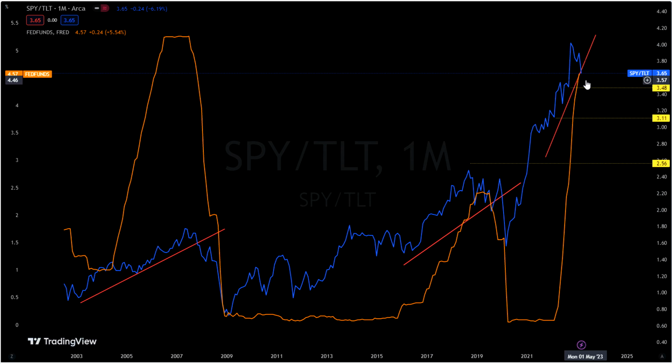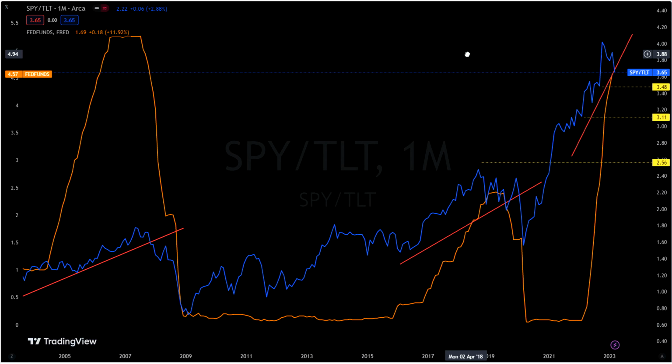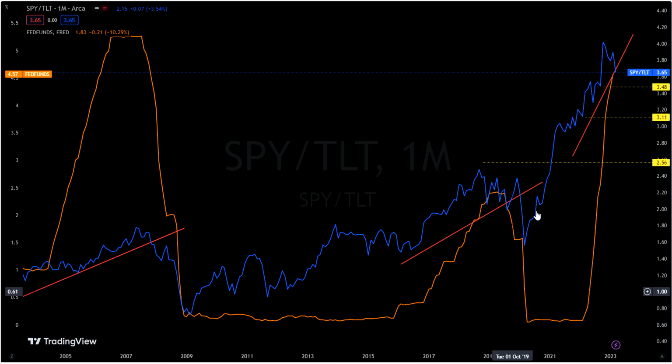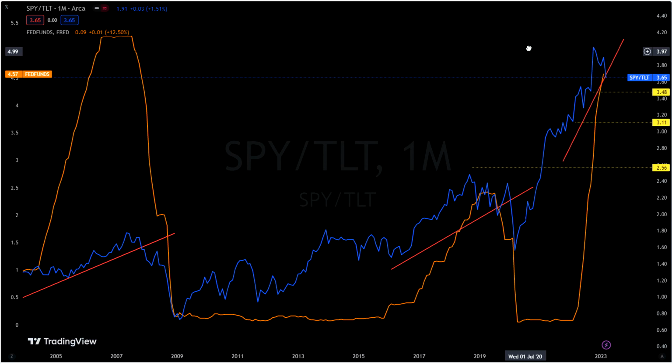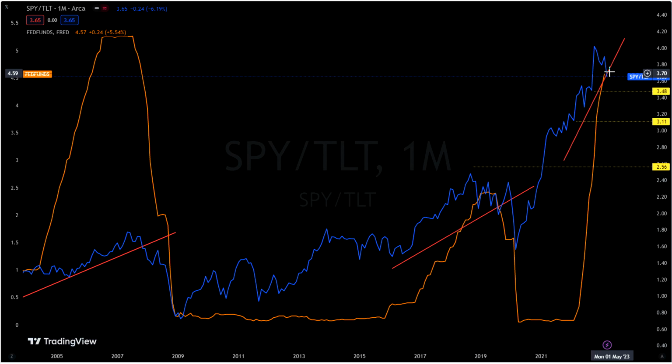And right now, we are getting the same setup here. The stock market for this period is outperforming TLT without any question. But right now, interest rate is at the top or about to form a topping formation. When the Federal Reserve pivots, the stock market is going to crash. TLT is going to outperform the market.